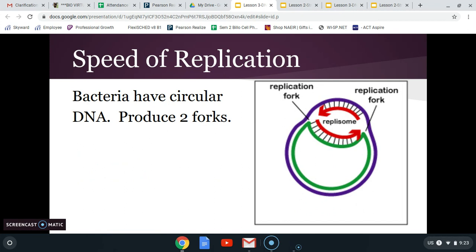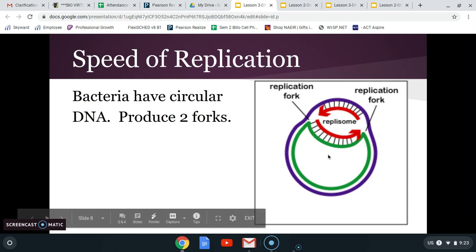Now, in bacteria, we can do that with 2 replication forks. And notice that one strand will be built in one direction, one strand will be built in the opposite direction, and eventually they'll meet in the middle. So they'll begin on one end and finish on the other.